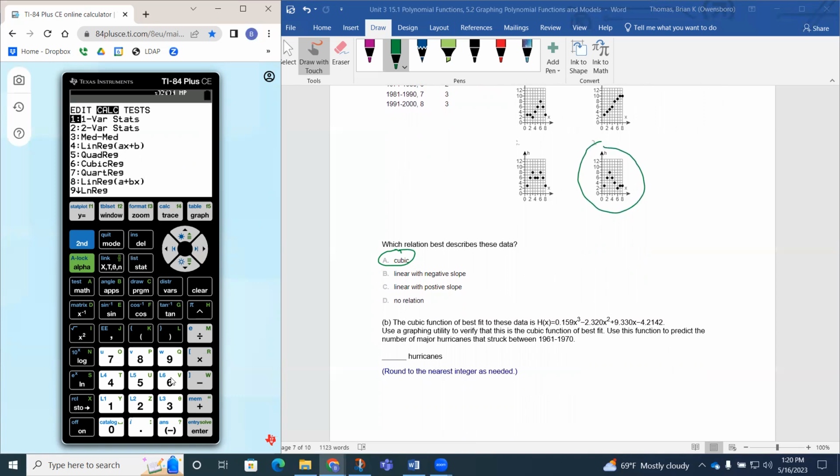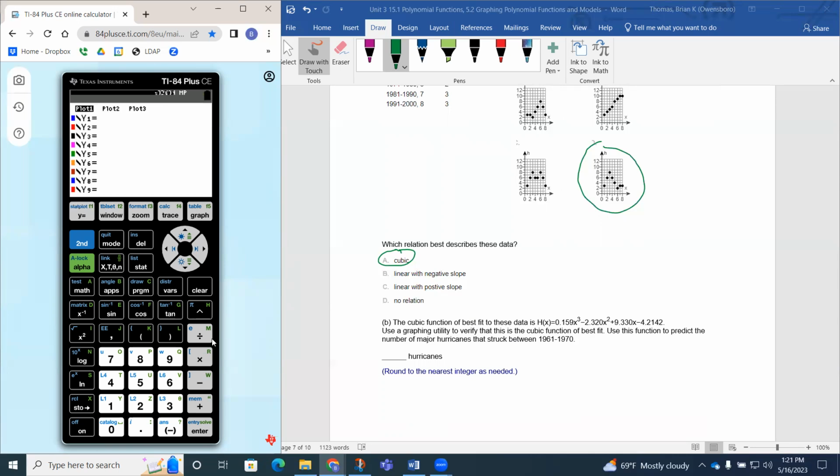Number 6 is a cubic regression. Do we get those same coefficients? Notice that actually generates the same function. So we've got that into the calculator already. So anyway, the function is, let's put that into the calculator.